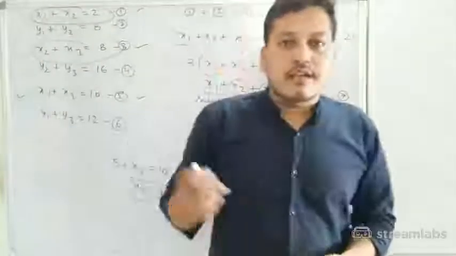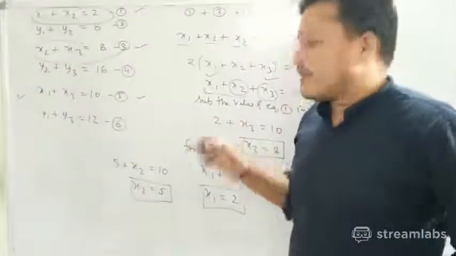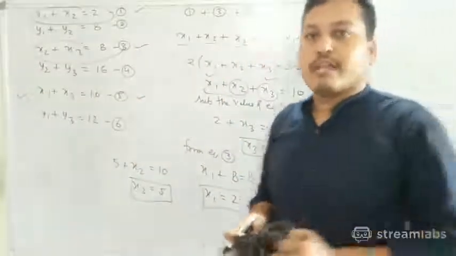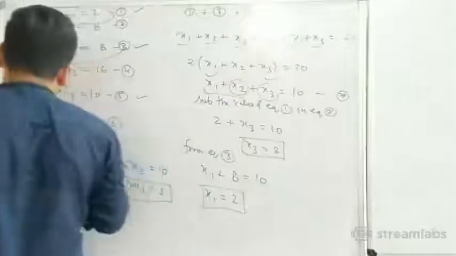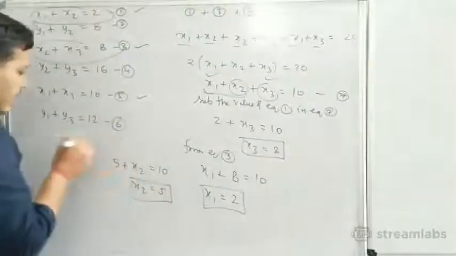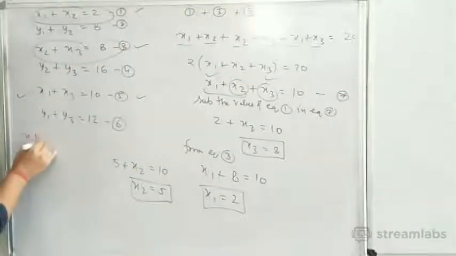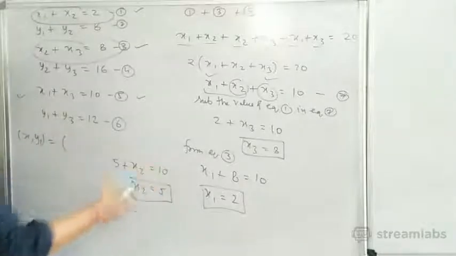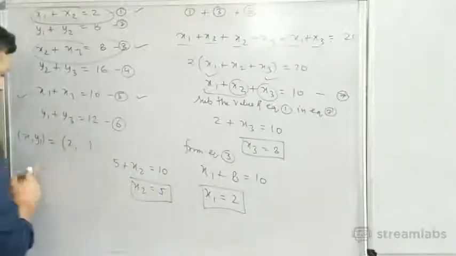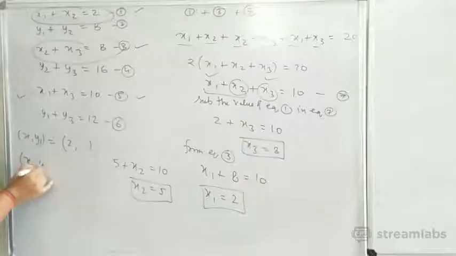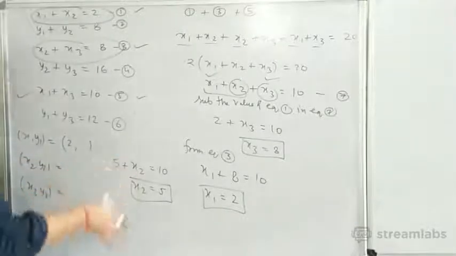So you can solve it by using the same method, the values of y1, y2 and y3. Whenever you have calculated them, you can write x1 is equal to 2 and y1, and similarly x2, y2 and x3, y3.